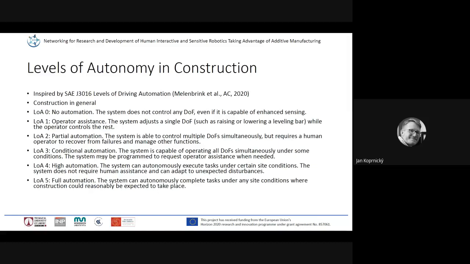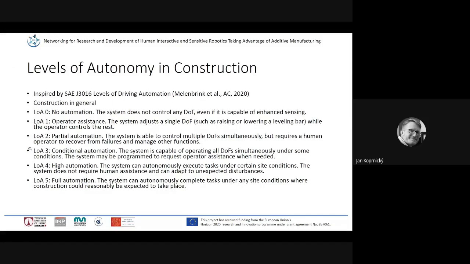What is not so well developed is level of automation in construction number 3, conditional automation. There exist some systems capable of operating in a high number of degrees of freedom. They are programmed, and they can call an operator.